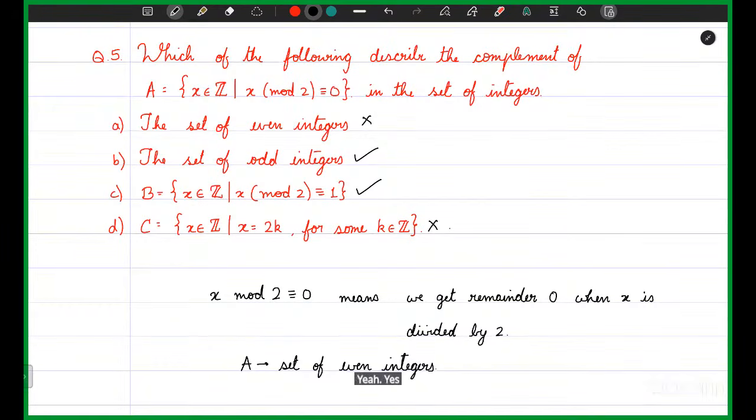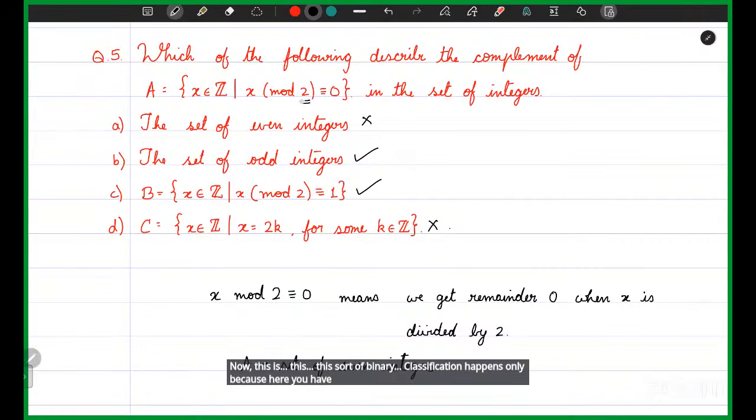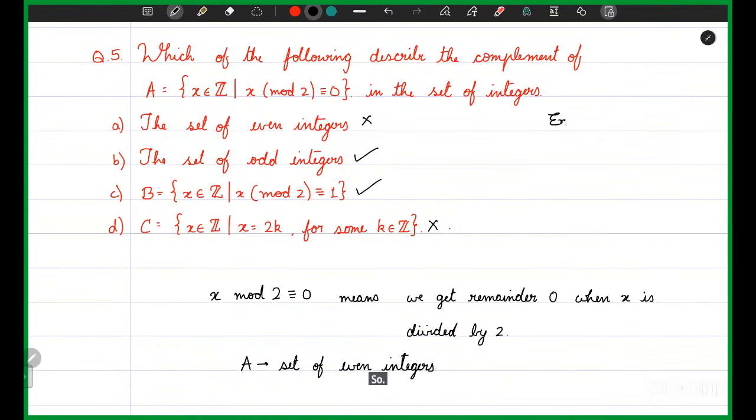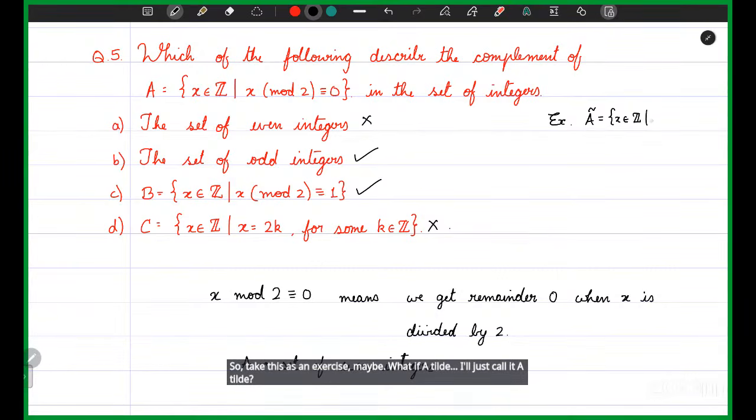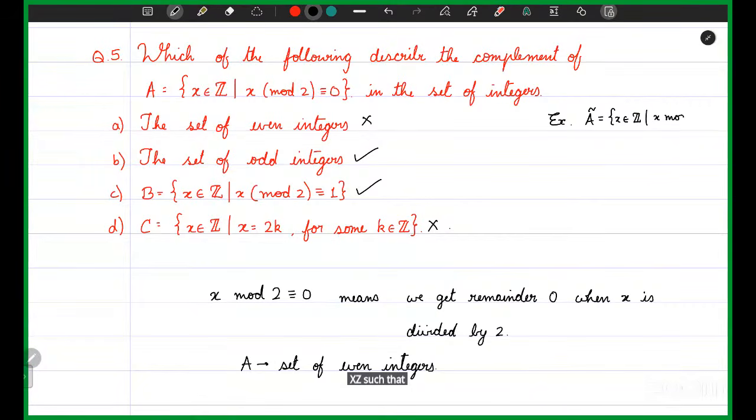Now this sort of binary classification happens only because here you have mod 2. So take this as an exercise maybe. What if A tilde, I'll just call it A tilde, is the set of x in Z such that x mod 3 is equal to 0? How would you describe its complement, or how would you describe this set itself?